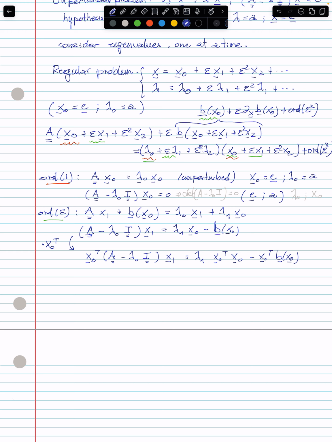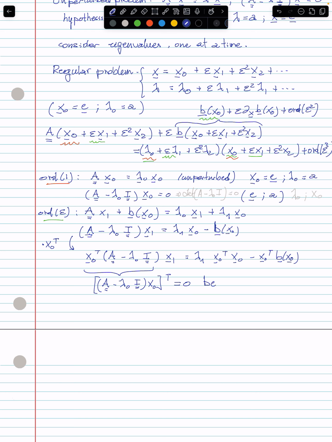And this here is actually nothing but the transpose of A minus lambda 0 I times x0, transposed, and this is equal to 0 because of the leading order.